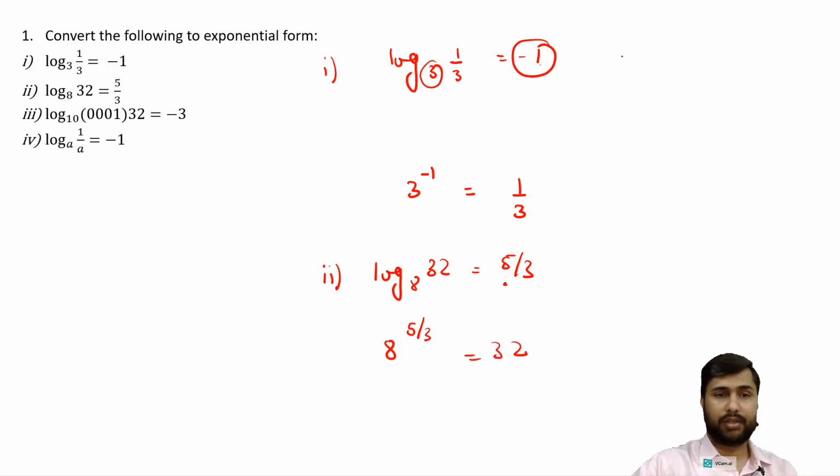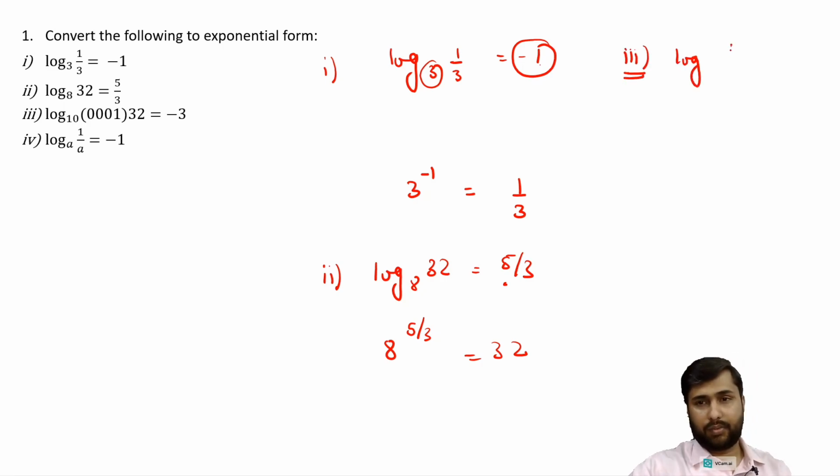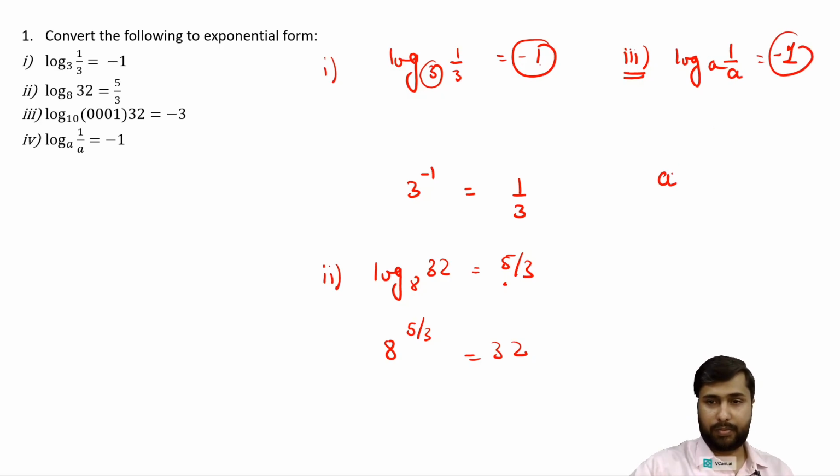Similarly, moving to the third part, log 1 by a to the base a is equal to minus 1. So we know that this minus 1 is the exponent, this would be the base, and this would be 1 by a. So that was how we approach these kind of questions.